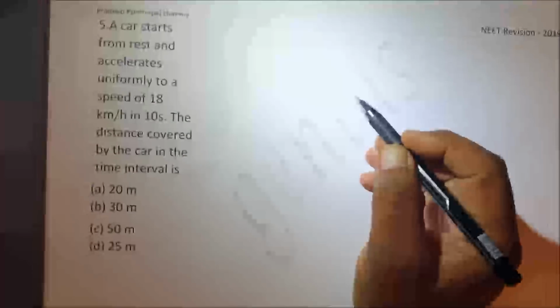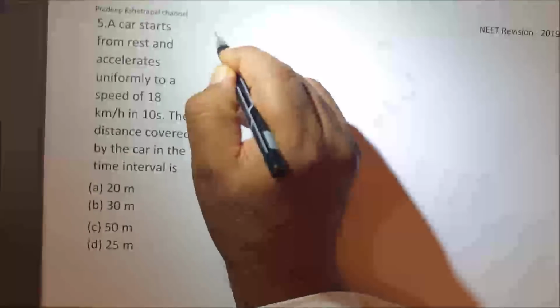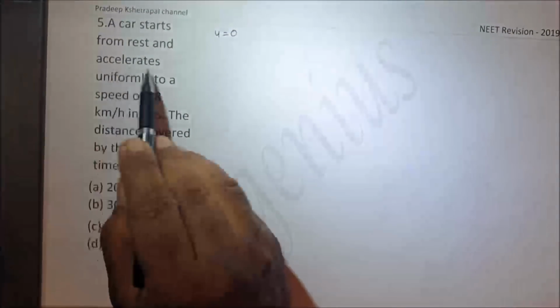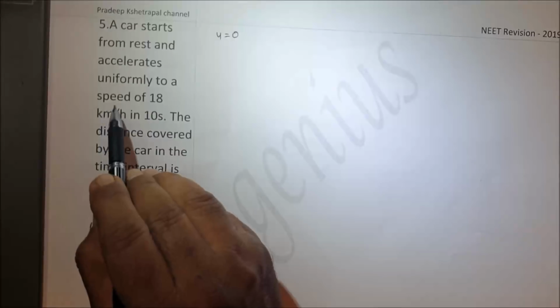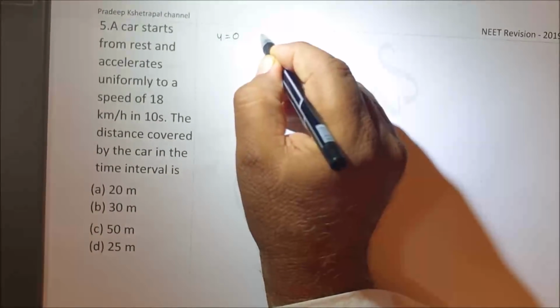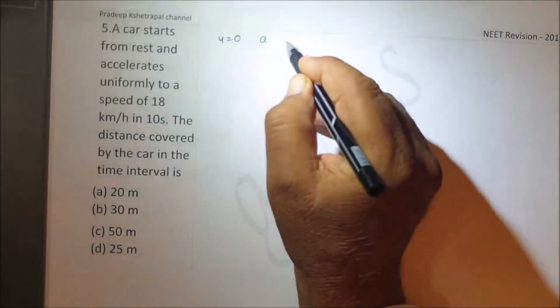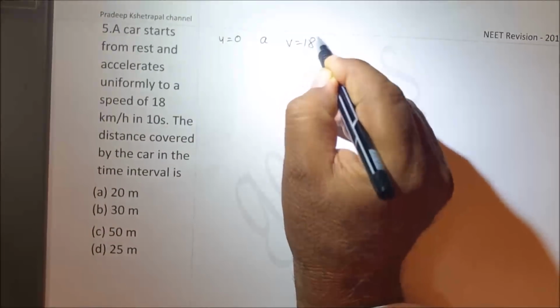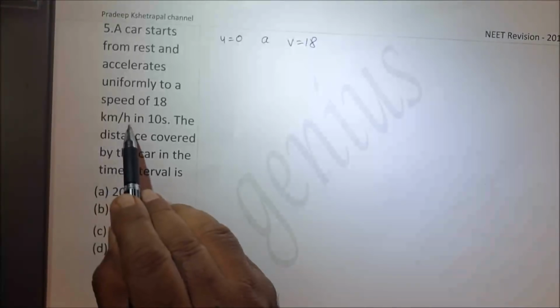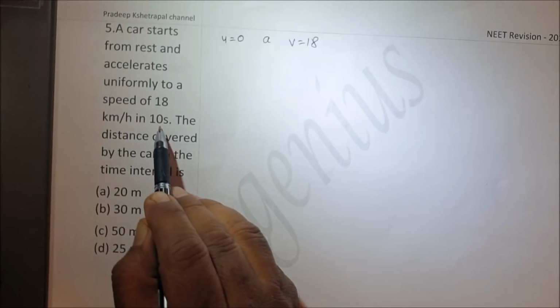A car starts from rest, u is equal to 0. Accelerate it uniformly to a speed of 18, V is equal to 18 kilometer per hour, in 10 seconds.